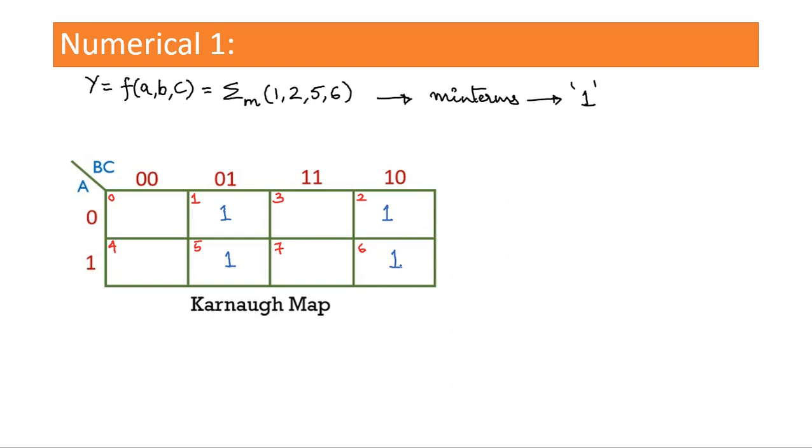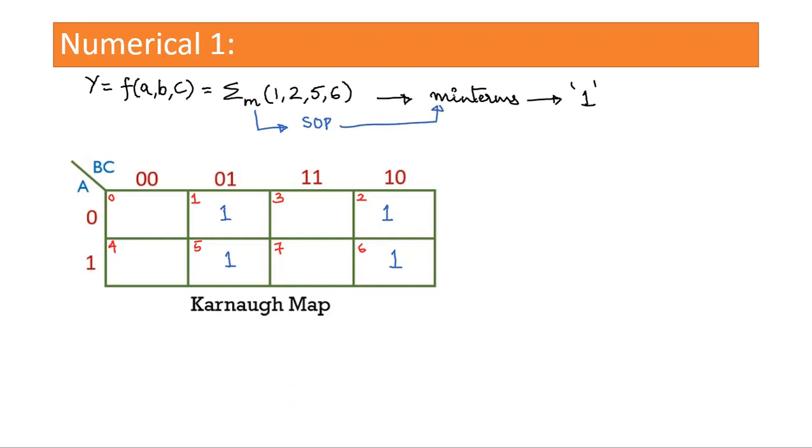Now if you remember the procedure that we used in order to construct the canonical expression for an SOP, because I am considering this to be a minterm, that is the sum of products, correct?